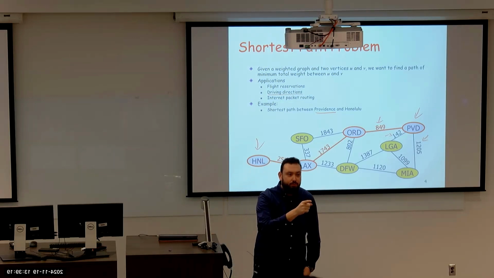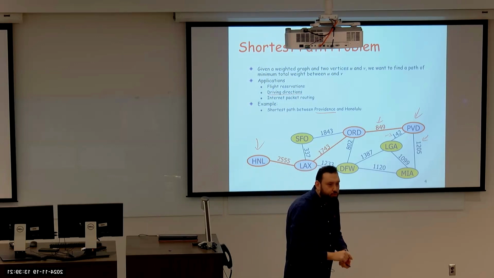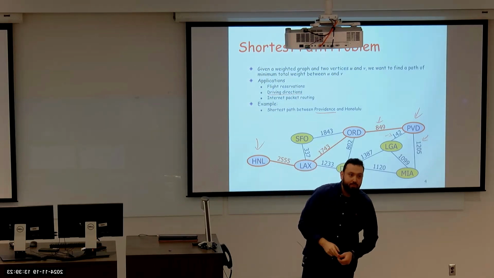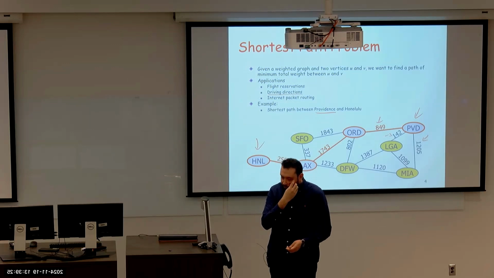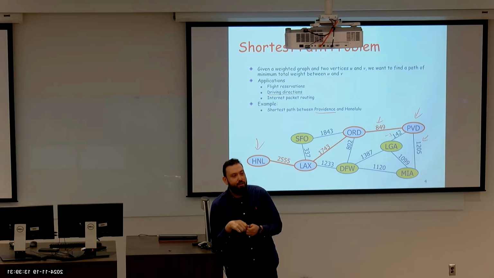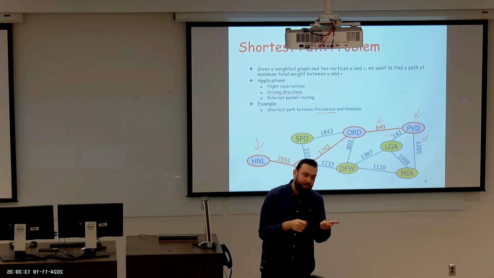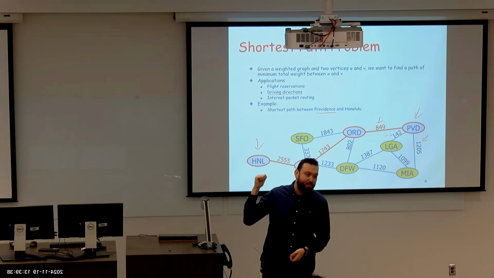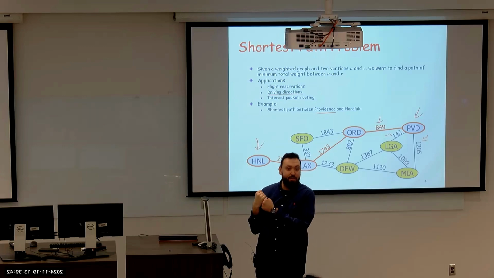The shortest, when you open Google Maps, what does it tell you? The shortest what? Route, for example. So they can represent distance, but what can you play around with in Google Maps? When you go to the shortest time, what are the edges represented now? Time, not distance. You see, guys, why these are important?